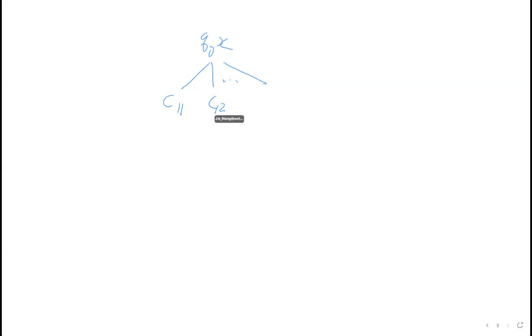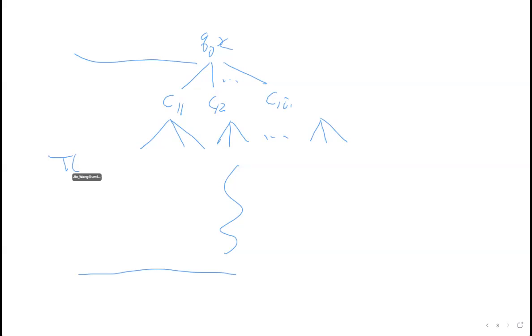C12, maybe C1 I1. So this I1 is finite. And then from here, you also have several other choices until the end. So it's a polynomial time bound. Let's call this T of n, where n is the length of x, your input. Okay, so there are lots of them.